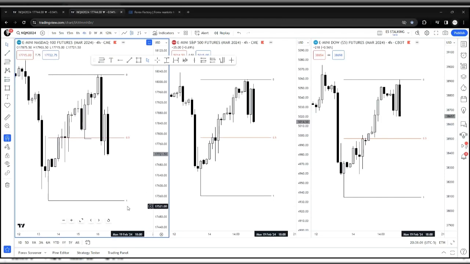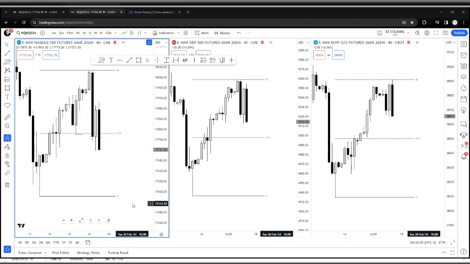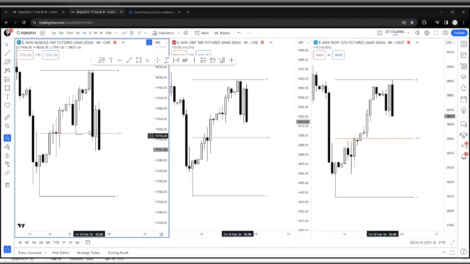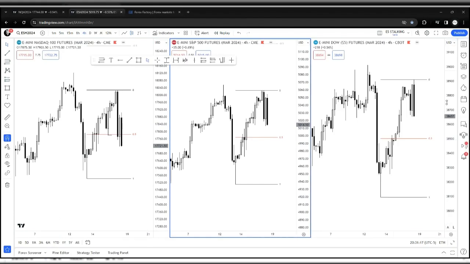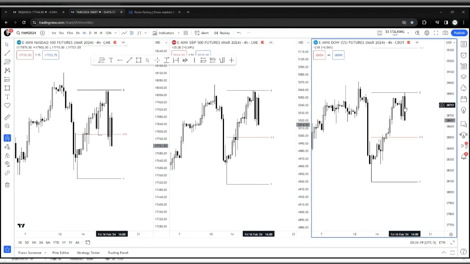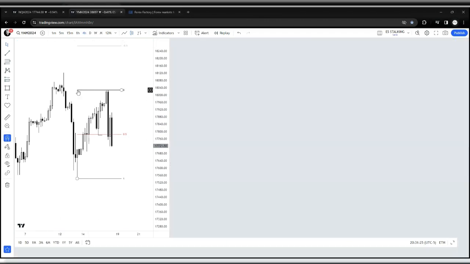If there is a lower range SMT after this, remember what we were talking about. And vice versa, you could do the same thing with your fibs, even with this high right here. So you could do this as well.